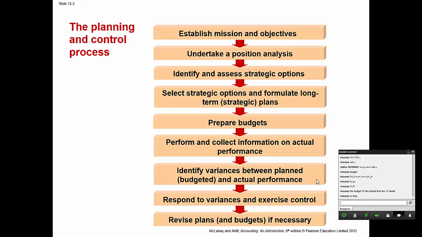Then, for example, if we see that we are far from the objectives and need to do a lot of things to reach them or to complete our mission, we will think about the different alternatives that help us to reach our objectives. And this is what we call identify and assess strategic options.